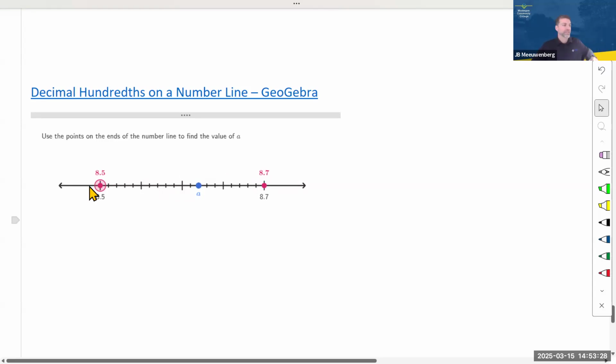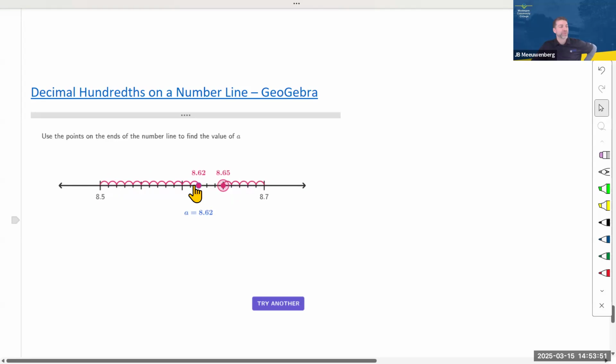Those are going to be the hundredths. So if you click and drag, this is 8.51, 8.52, 8.53, 54, 55, 56, 57, 58, 59, or 8.6, 8.61, 8.62. You can also pull them back the other way, right?